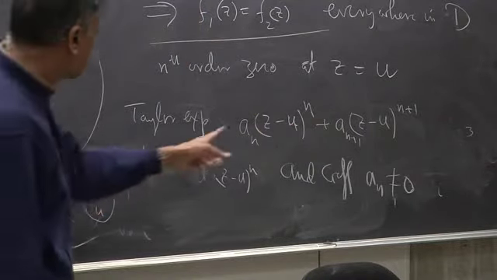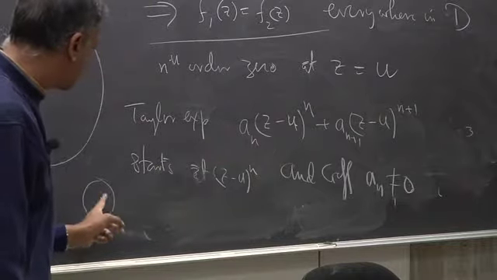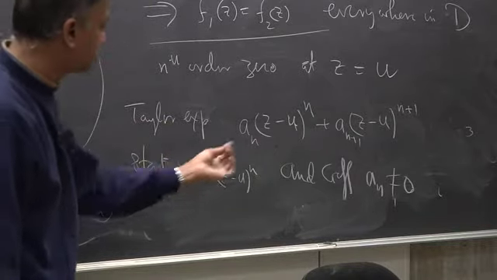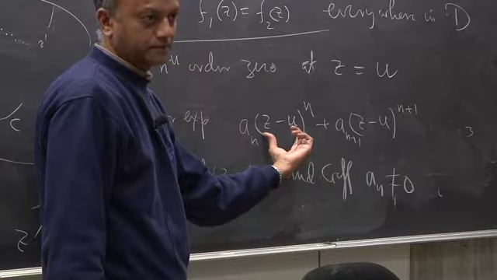So the moment z is in some neighborhood of u, and z is not exactly equal to u, then this is not 0.